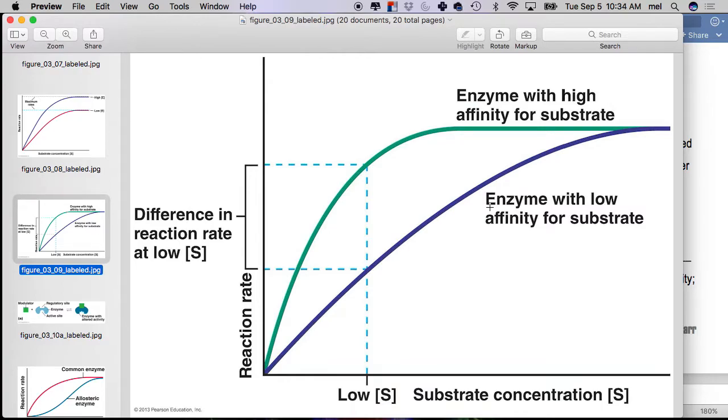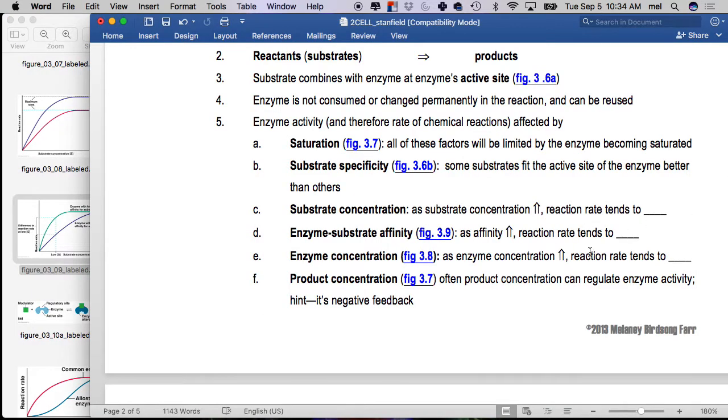They have to still be relatively functional, for instance, cellular respiration enzymes, otherwise one of us would be dead, right? You can't mutate them too much if it's like a biochemical pathway that you really need. But if hers fit better and work better, her metabolism might actually be faster, right? It's one of the ways that you can account for differences in metabolism. Okay, so that is enzyme substrate affinity.